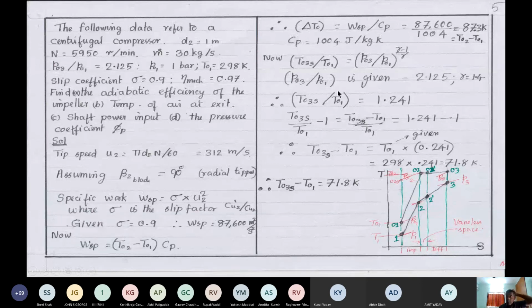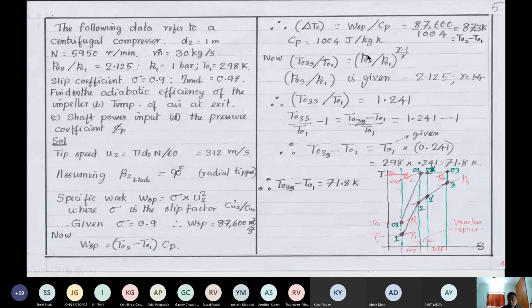Now we can use the temperature ratio, pressure ratio relationship for isentropic flow. So T03S by T01 is equal to (P03 by P01) the whole power (gamma minus 1) by gamma. In this problem, the pressure ratio is given, P03 by P01 is 2.125.